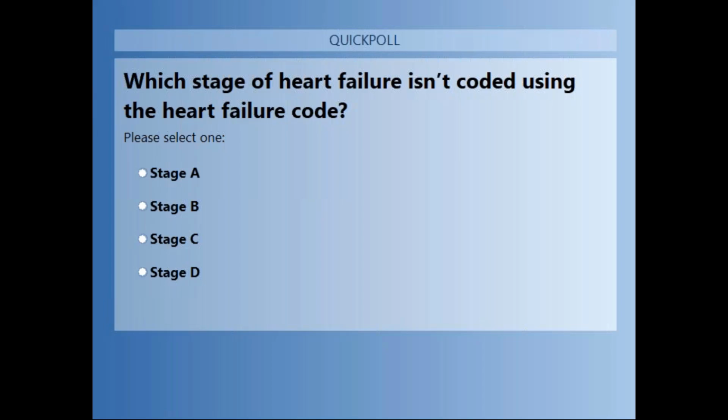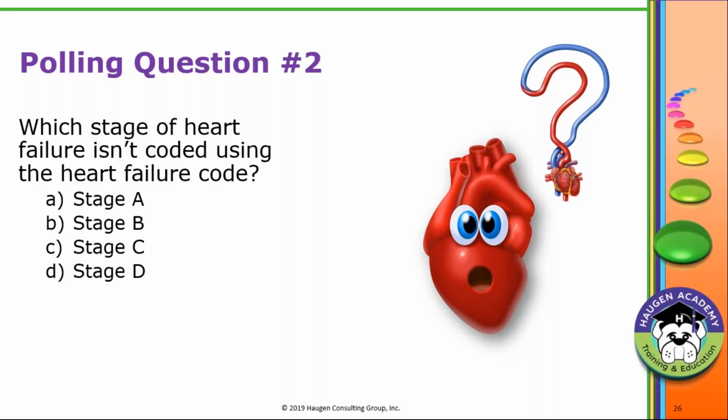Okay, looks like we've got about 3/4 of our polling audience. Anybody else want to weigh in? I always encourage discussion if there are a group of you together and just kind of getting a consensus. I'm going to close the poll here in 3, 2, 1.